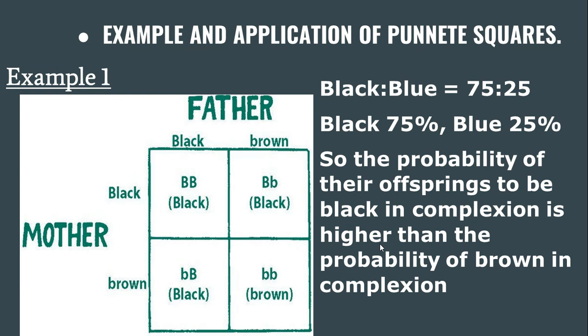In the other row, in the first column, we have one small letter b and one capital letter B. In the other column, we have two small letter b.